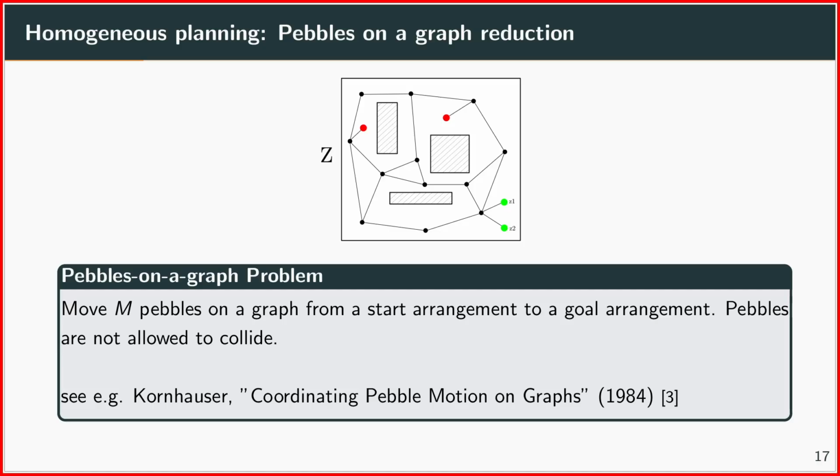As you know, planning in a lower dimensional space is of course much more computationally efficient. The only thing we have to do is solve this pebbles on a graph problem, and in general this is much easier than planning in the whole huge composite state space. So yeah, this is the main idea.